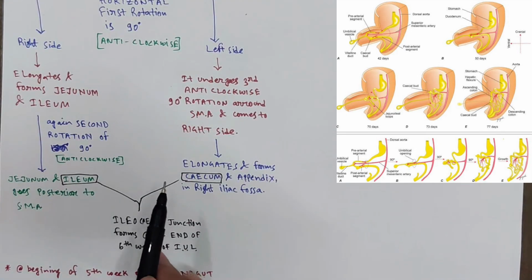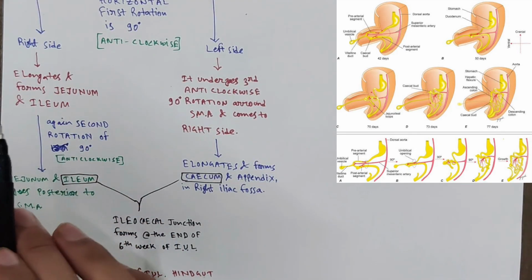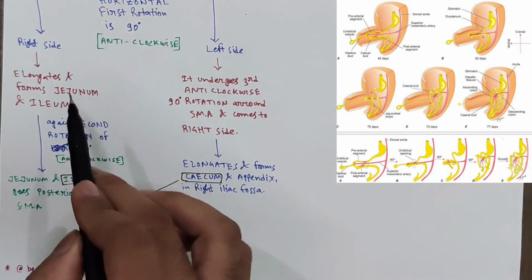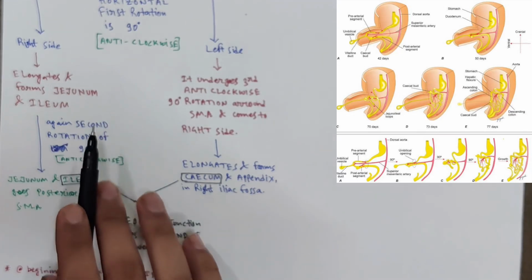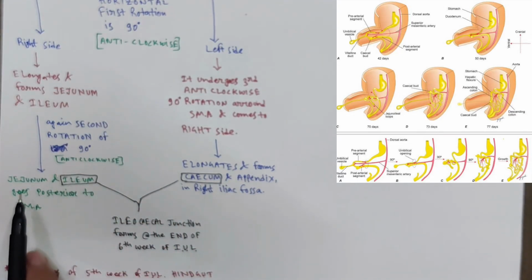After elongation of the jejunum and ileum, this part again goes through a 90-degree anti-clockwise rotation for the second time, and the jejunum and ileum go posterior to the superior mesenteric artery.